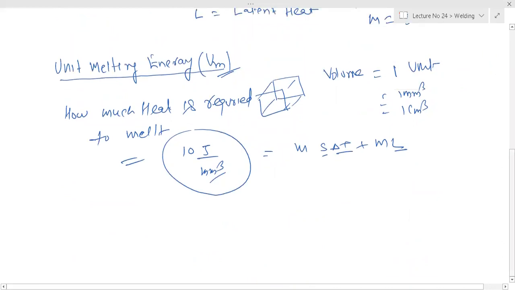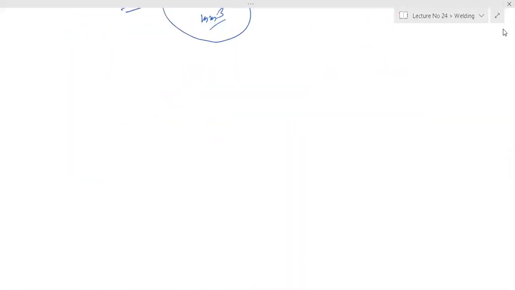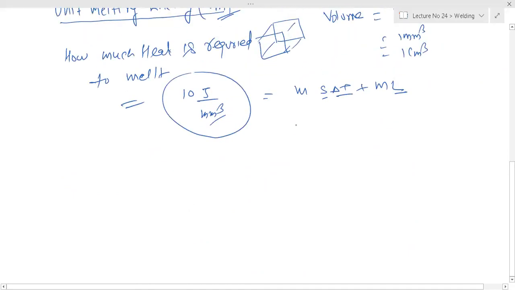It means it is given 10 joule per millimeter cube, it means to melt you need 10 joule of energy. That's all. Suppose our joint volume that is to be welded is V, then energy required to weld will be equal to UM into V, that will be equal to HW, right?